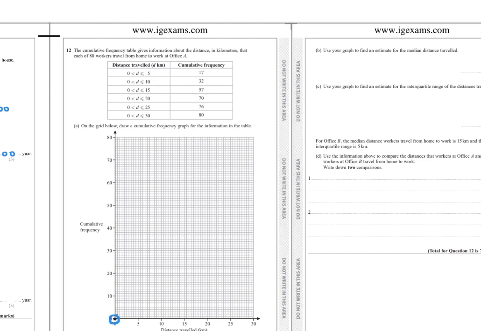Next, 517, this 517. Next point, 1032. Then 1557. Then 2070. Then 2576.